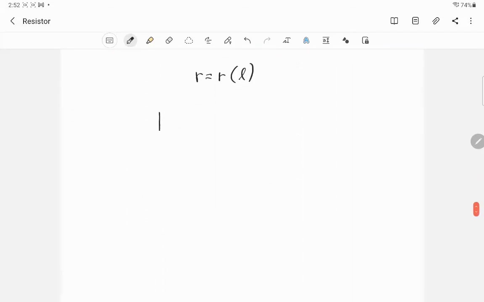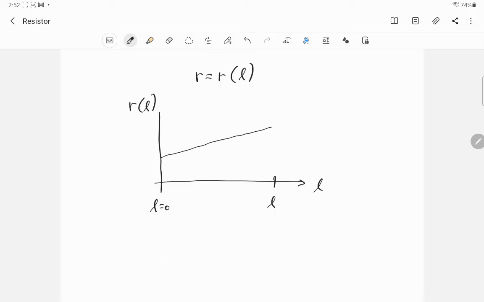If you imagine drawing it, you can draw the radius as a function of L. This is L equals 0, and this is when we get to the value of L. And the radius starts at R1 and finishes at R2, with a slope of R2 minus R1 over L, the rise over the run. So the slope looks like this.